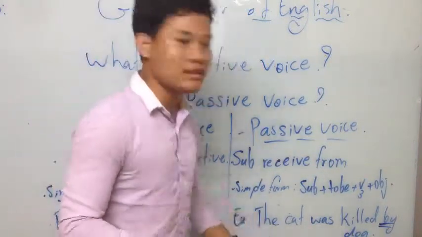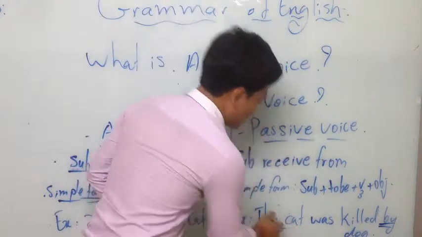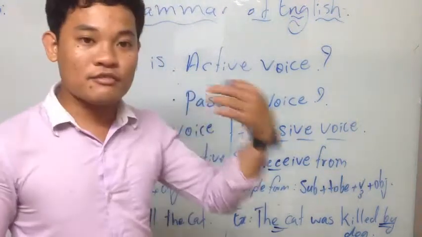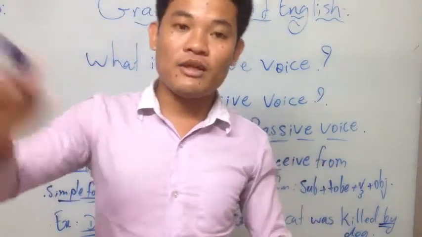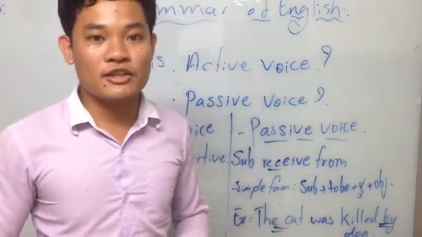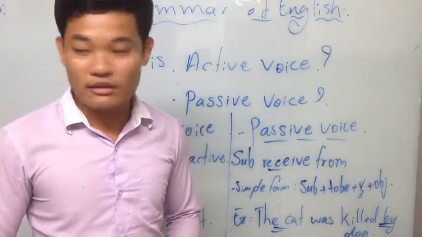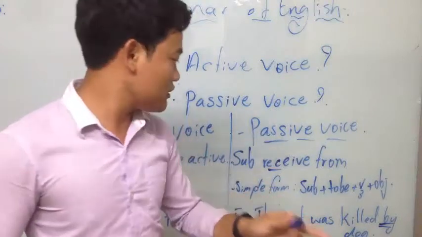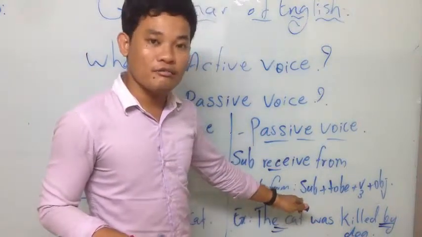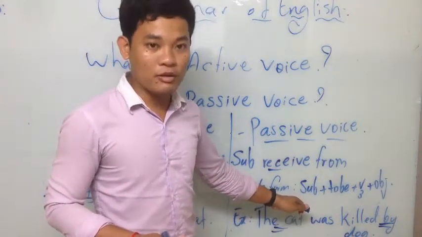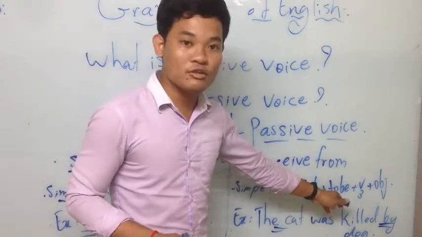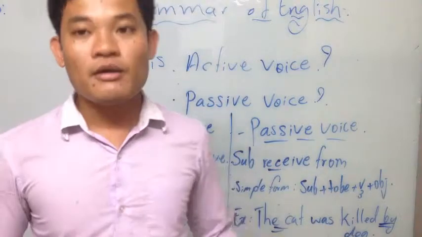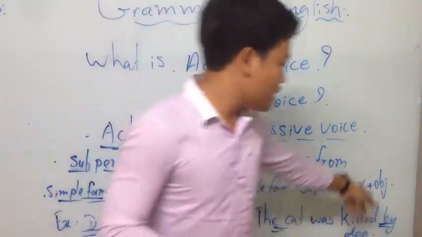And the cat here just receives the action. Okay? The cat here receives the action from the main subject, which completes the action. Alright? This is the difference between passive voice and active voice. But you just see the form of that simple tense: subject plus to be plus verb 3, the past participle, and the object.